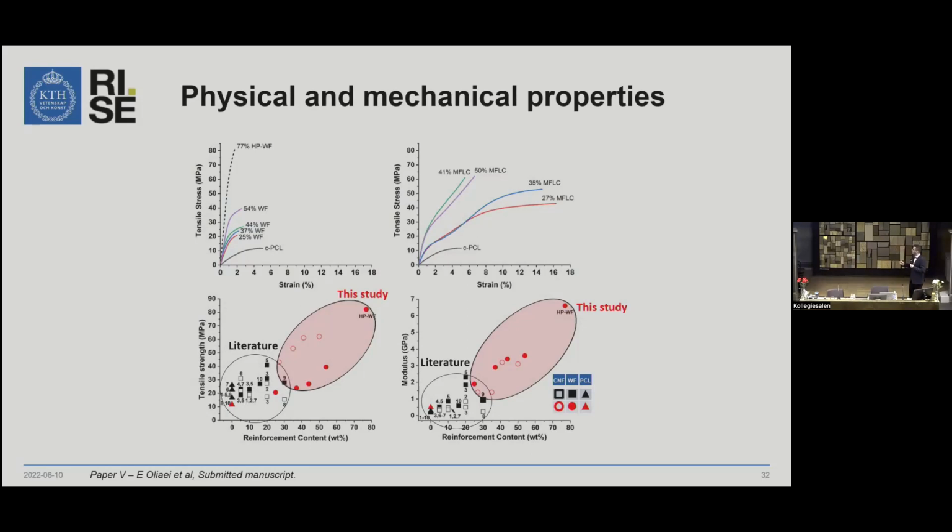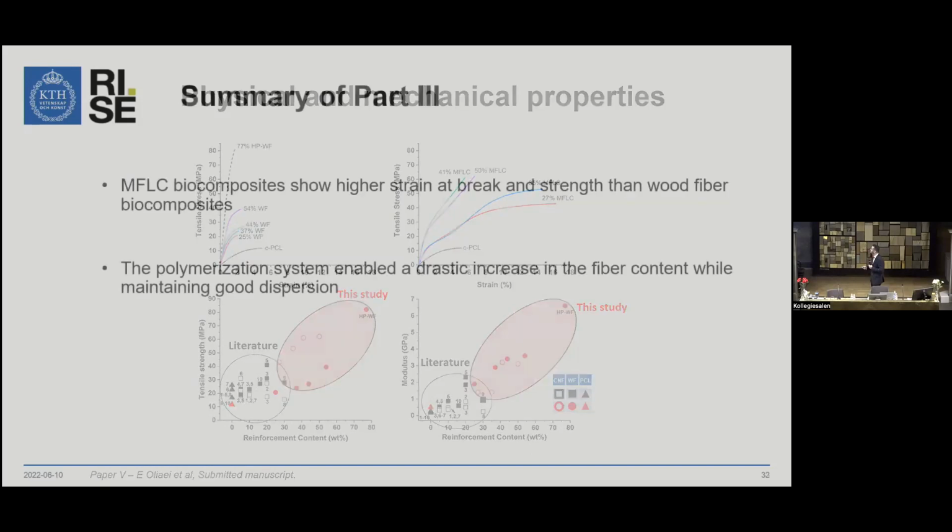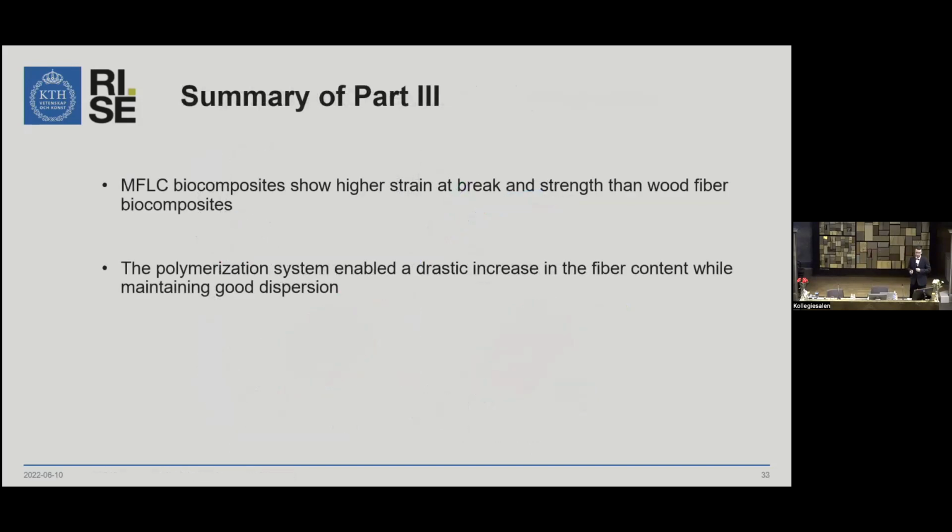We were able to create wood fiber biocomposites with about 77% reinforcement content, and this increased the ultimate tensile strength up to 80 megapascal and the modulus up to 6.6 gigapascal. To summarize, the MFLC biocomposites showed higher strain at break and strength than wood fiber biocomposites. The polymerization system enabled a drastic increase in wood fiber content while maintaining good dispersion.